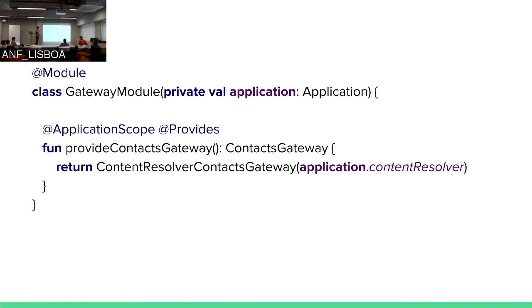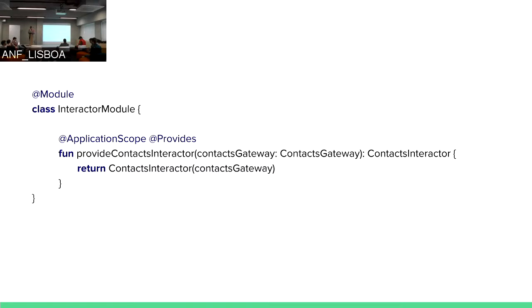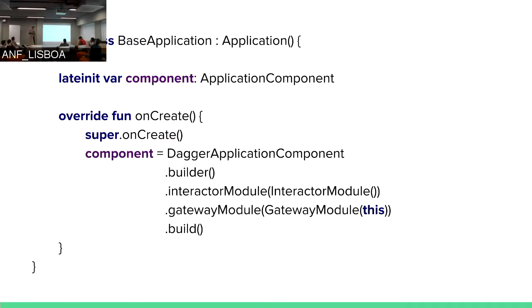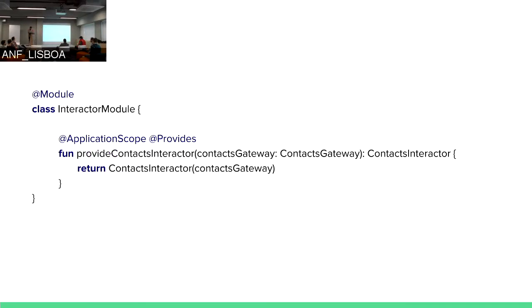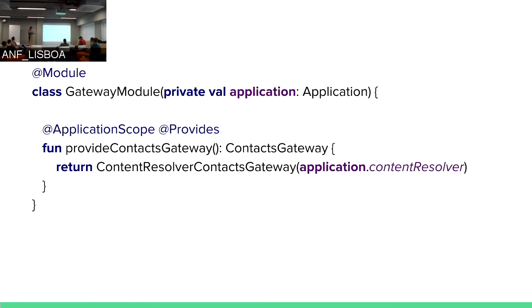Because in our case, the context gateway interface will be satisfied by a ContentResolverContextGateway. That's a guy who will use the content resolver to grab the contact information from the device. So we can have dependencies in modules. So if I go back, you will see that I'm passing this in the gateway module. That's the application. I need it to have the content resolver here.